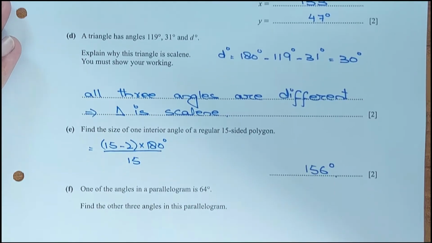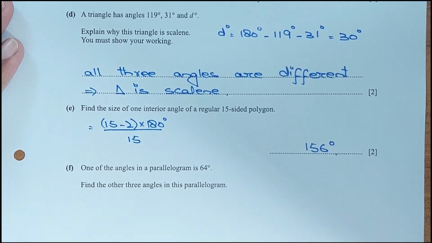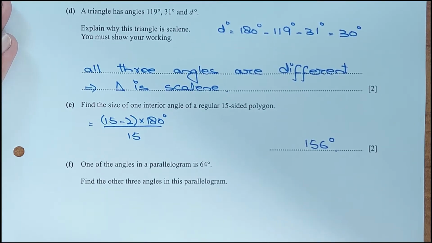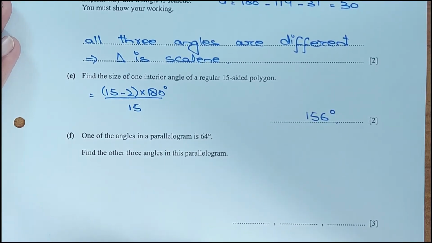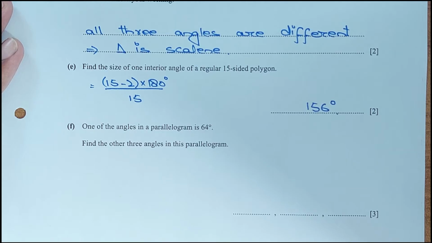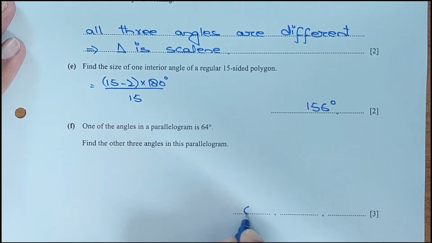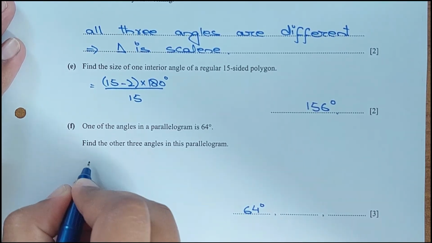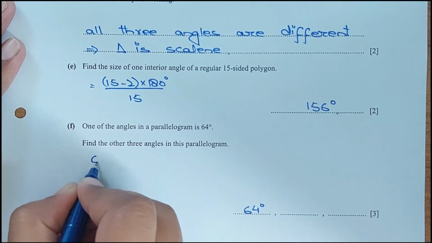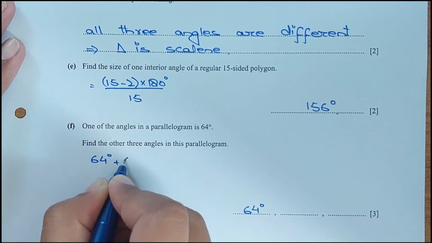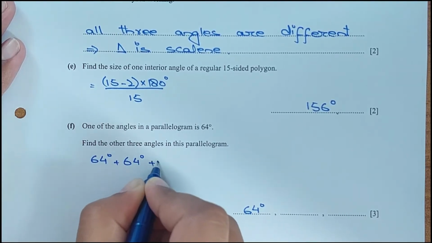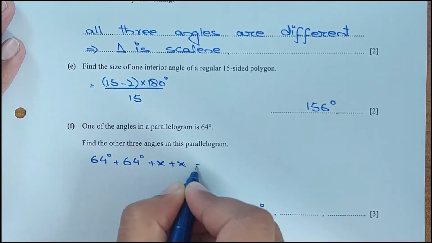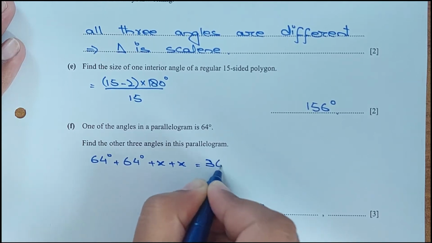Right, now for part F, one of the angles in a parallelogram is 64 degrees. Find the other three angles in the parallelogram. Right, we know that the opposite angles of a parallelogram are the same. If one angle is 64, the other angle is also 64, right? And we can add all four angles and put it equal to 360. 64 degrees plus 64 degrees plus the angle x plus x equals 360.